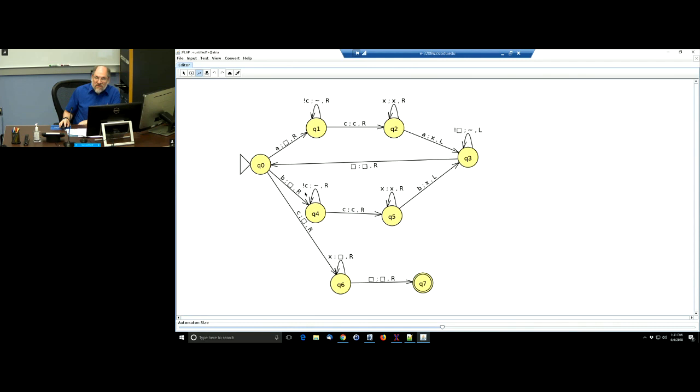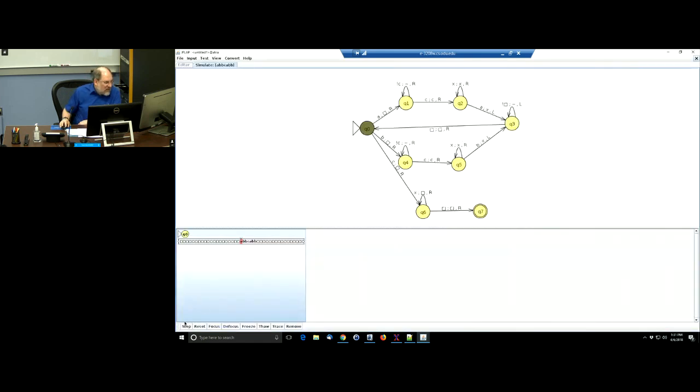All right, let's make sure this actually works before I go any further. So let's try this on ABB, CABB. Looking at the A, I should replace that with a blank. Now I should skip over anything that's not C, but not change it on the tape. I should write out the same character I've just read in.